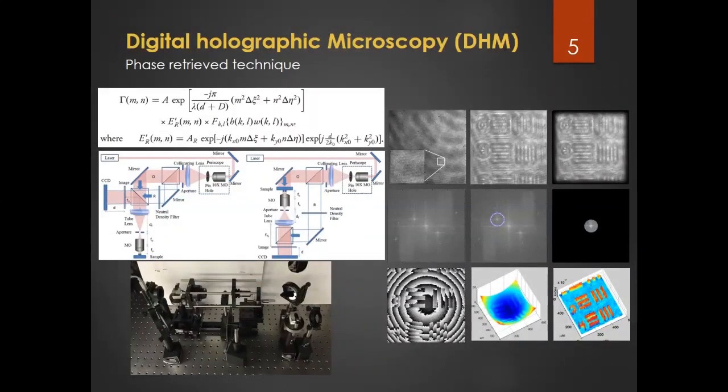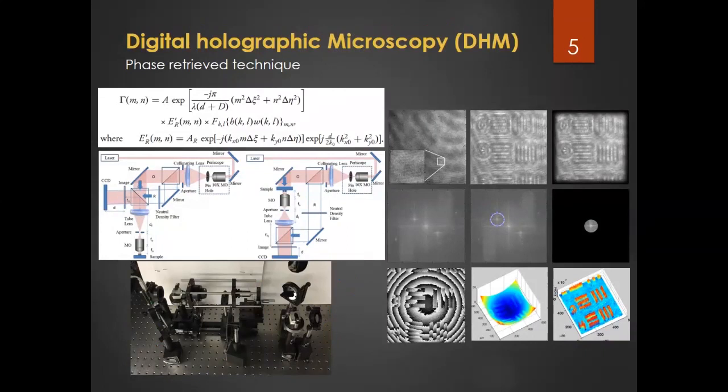The basic idea of digital holographic microscopy is based on the interference of two same plane waves. One goes to the sample and another one goes directly to the camera as the reference beam. This is the image I capture on the camera, this is without the object, and this is with the object.